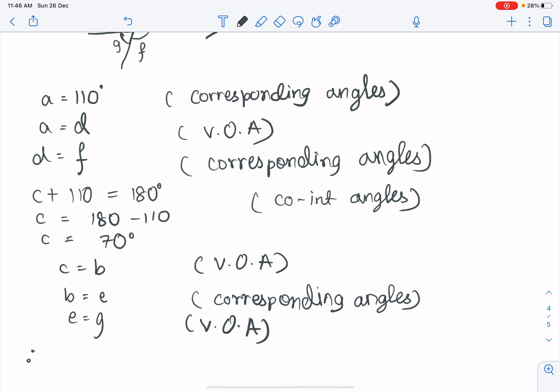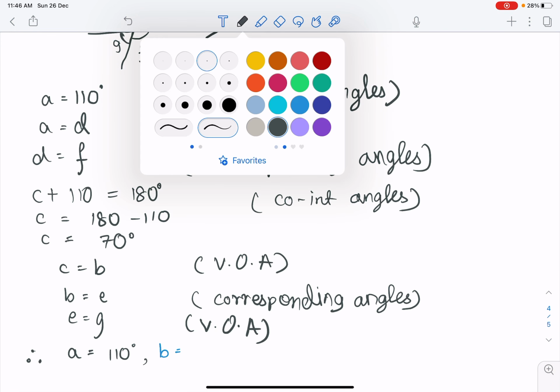Hence you can write, therefore A is equal to 110 degrees. Right? And like this only, in the similar manner, you can write what each is equal to. B is equal to 70 degrees. The color is changed.